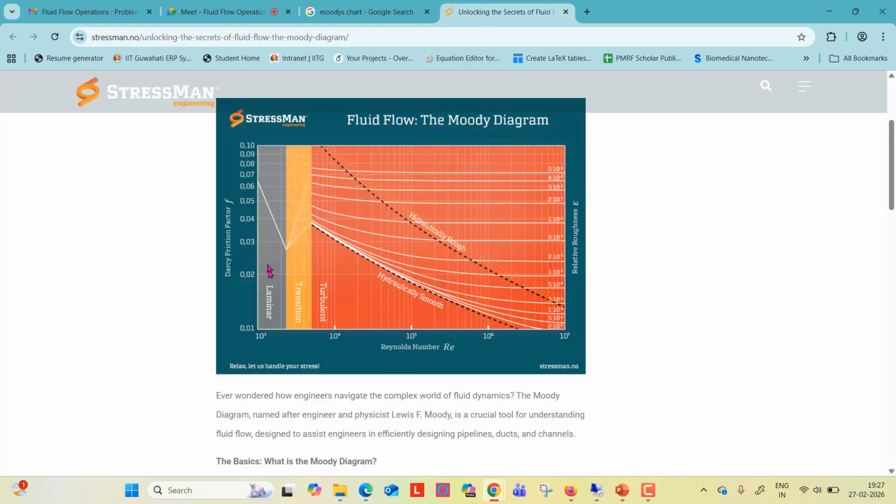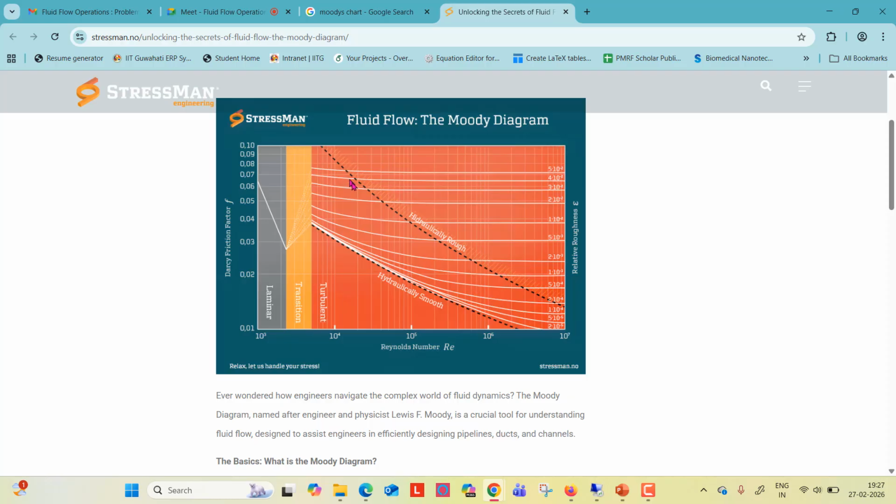This gray zone is the laminar zone, okay? Then this yellow zone is the transition zone, and this orange zone is the turbulent zone. This line is for hydraulically smooth pipe, which is the ideal case, but in reality it is not the case.